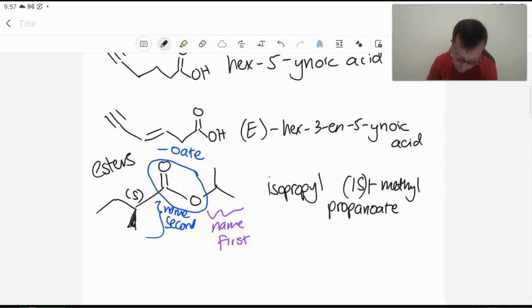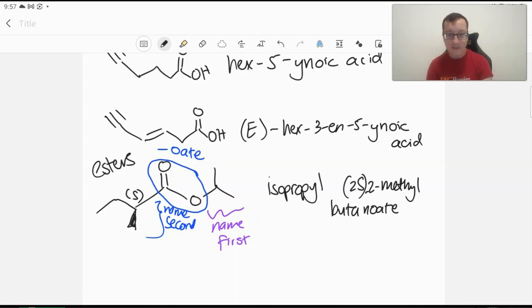This is butanoate. Why didn't nobody tell me? I don't know how to count. Butanoate. We have 1, 2, 3, 4 carbons here, and then we have the methyl group on carbon 2. So sorry about that. Let's fix all these numbers. Isopropyl (2S)-2-methylbutanoate.